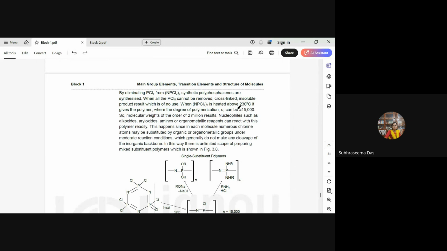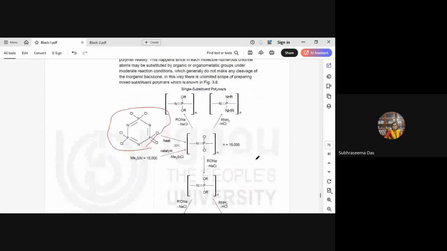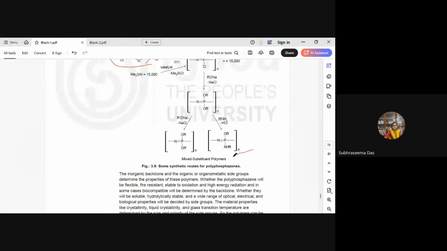When (NPCl2)3 is heated above 230 degrees centigrade, it forms the polymer where n is almost equal to 15,000. And here we can see that by changing the reaction conditions, we can get a variety of mixed polymers.